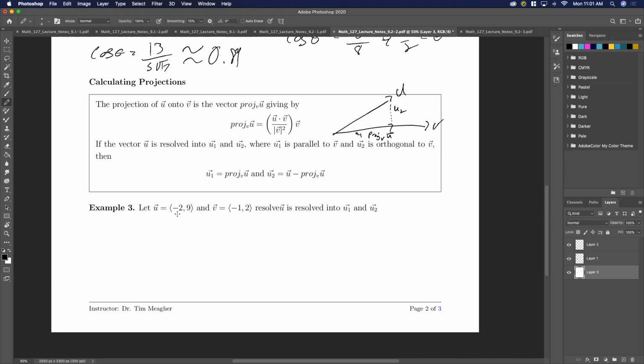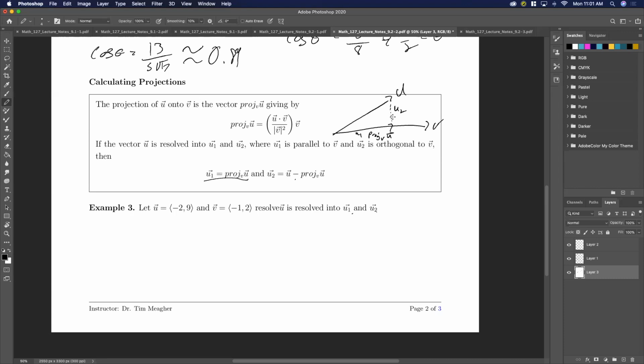All right, anyway, so here we are. So here we have -2 in this. In order to find this projection, we want to resolve u into u1 and u2. u1 is just the projection. u2 is u minus the projection, right? If I took u minus this vector, what's left is this vector.